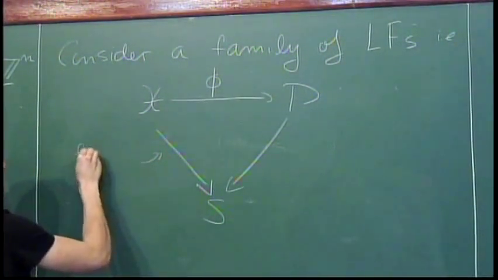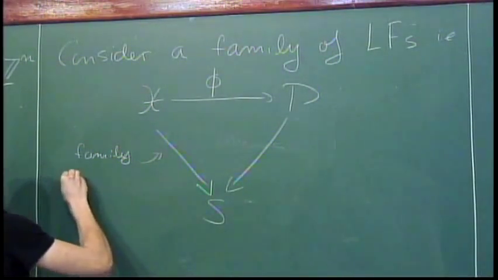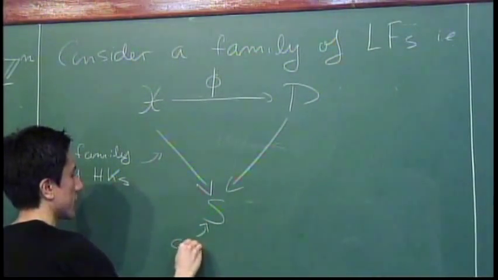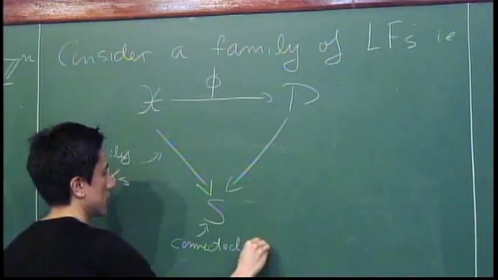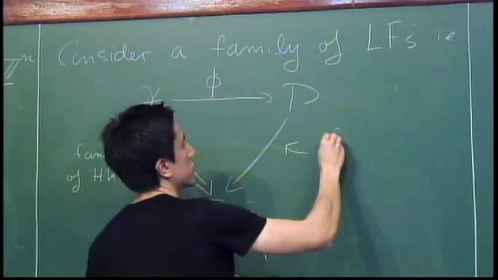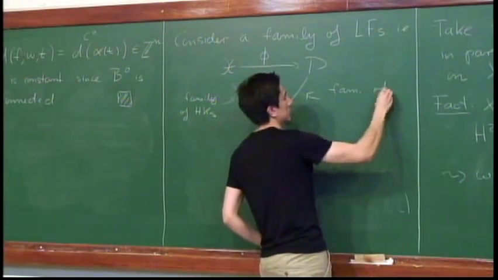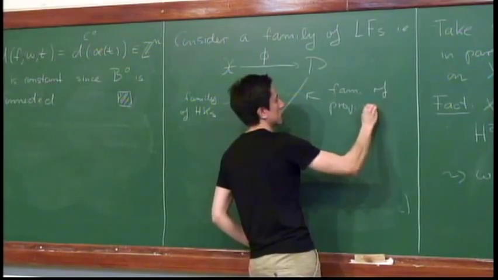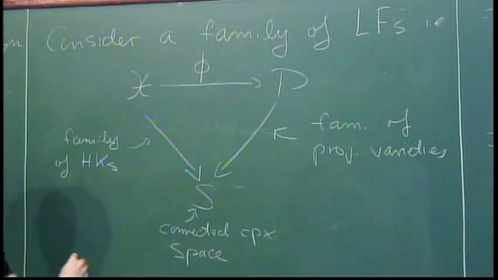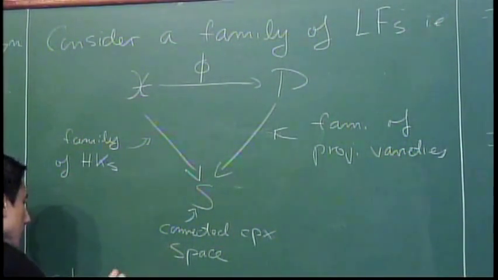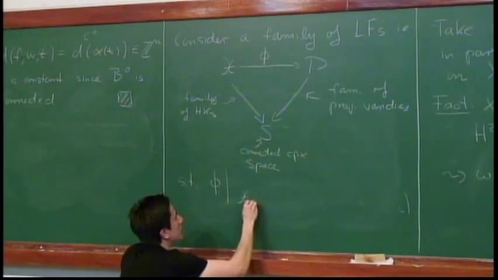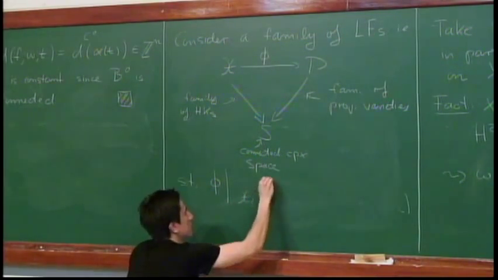And this should be a family of hyperkähler manifolds, over some connected complex space. And this is a family of projective varieties, and we want that the restriction of phi to the hyperkähler manifold X_S is the Lagrangian fibration.